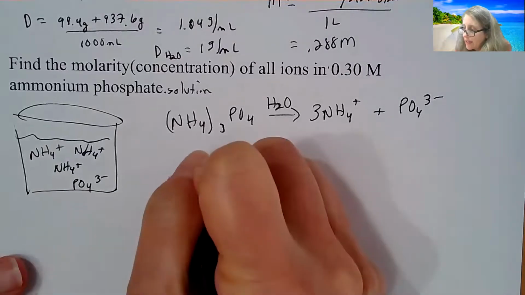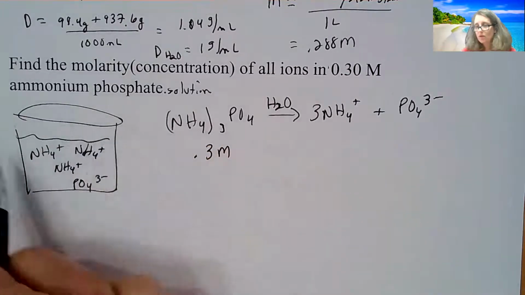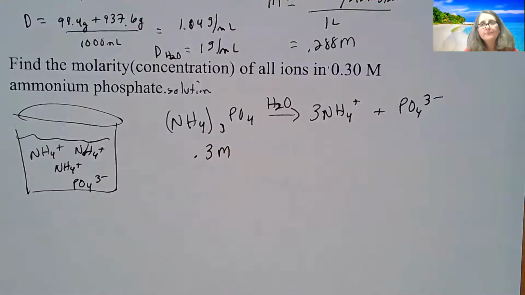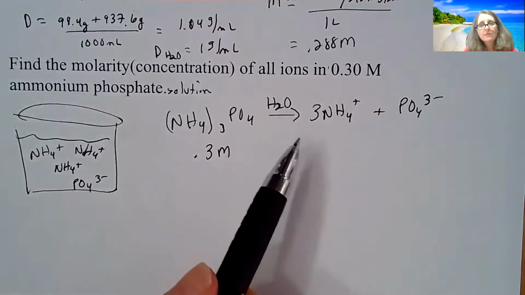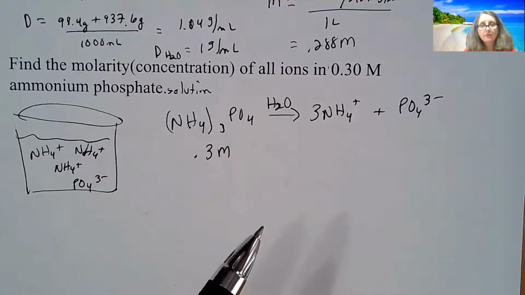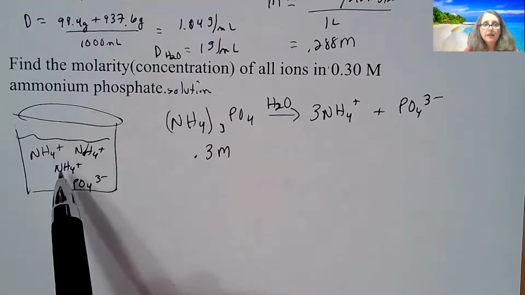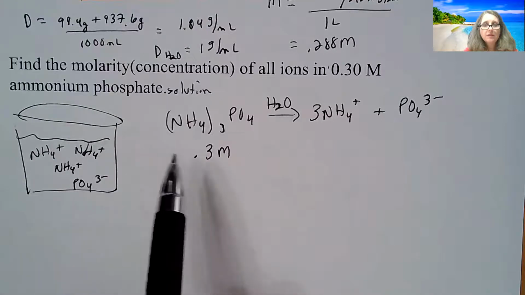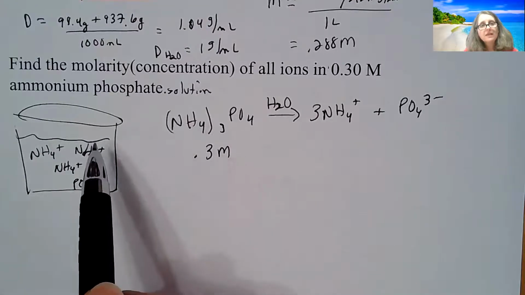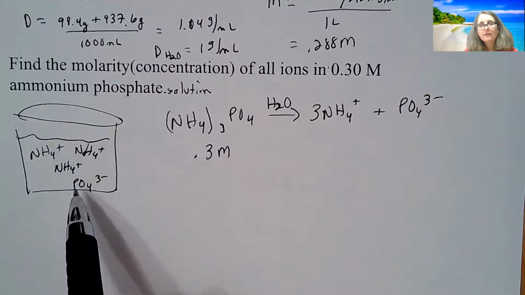So if I have a 0.3 molar concentration label on this solution, what does that mean in terms of the ions that are floating around in there? I'm hoping the picture helps you with this. So realize that every NH4 is essentially 0.3. So you see that 3 times more often than you do the phosphate.